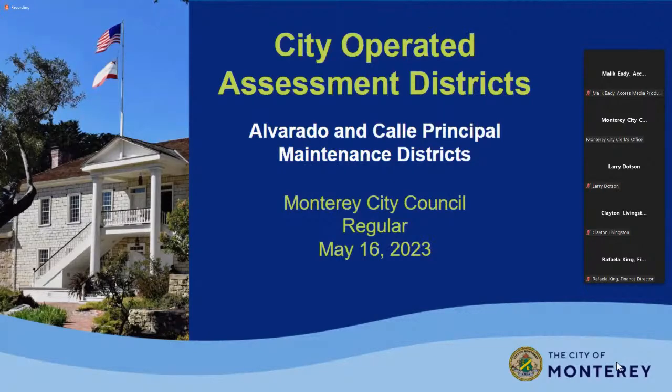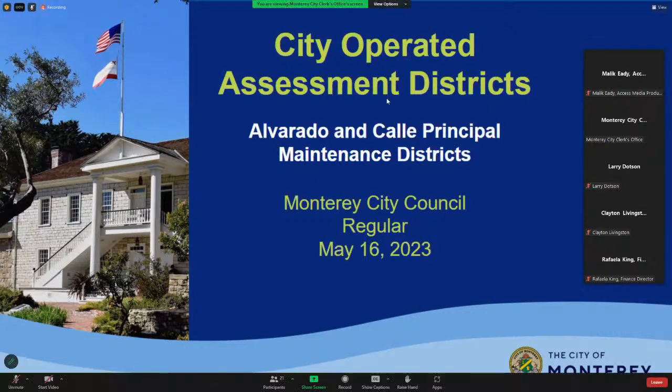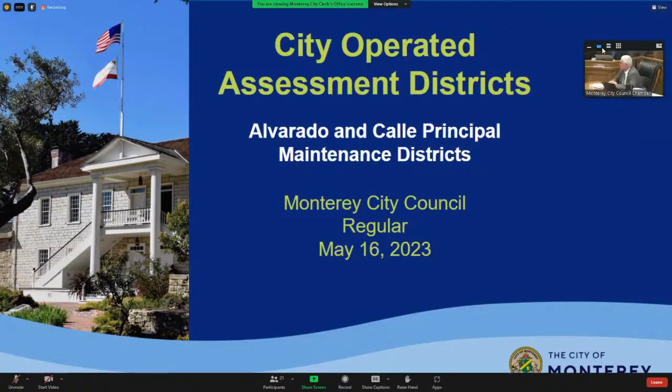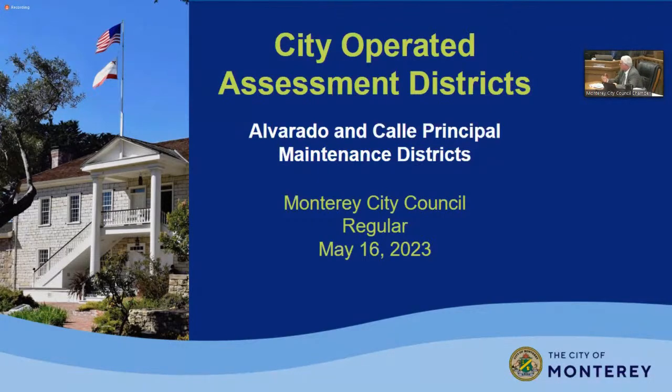Okay, we have a very brief presentation to explain that we do this for Alvarado Street and Calle Principal. The item that was pulled is just dealing with Alvarado Street, but it's the parallel universe next to the other street, Calle Principal. We do this every year, so for us it's kind of a standard item, but it's worthwhile for the public also to learn what stands behind it.